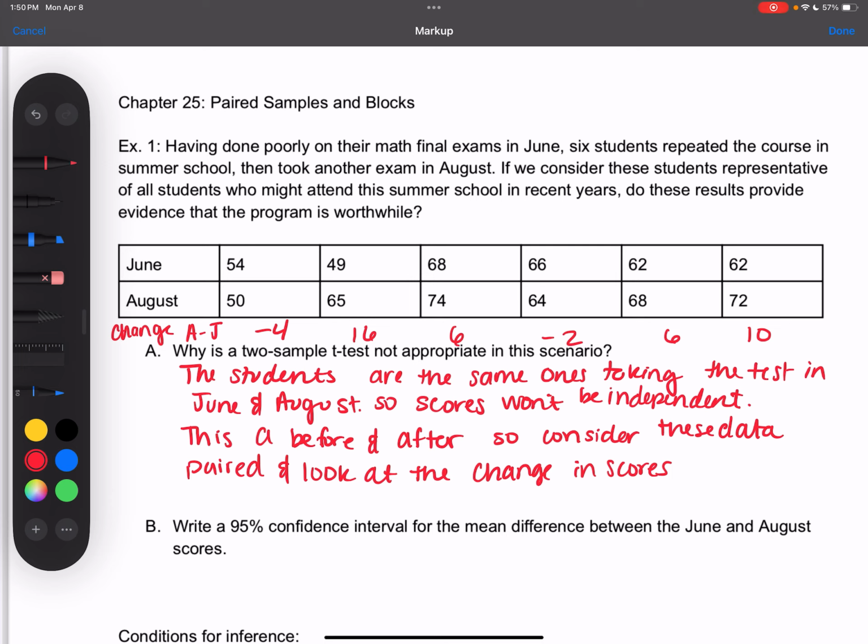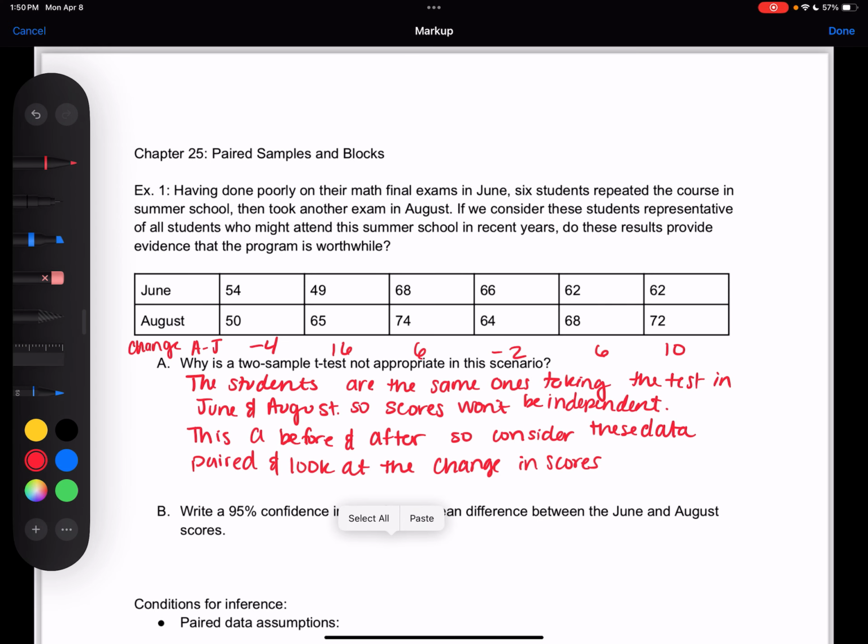You said we're doing 2 lists? No, you just need one with the change. If these were crazy numbers, or there were a lot of them, we wouldn't have done it by hand. But since there's only 6 of them, we just did them by hand. So we'll need the one variable stats on that. Remember that's under stat calc, one variable stats.